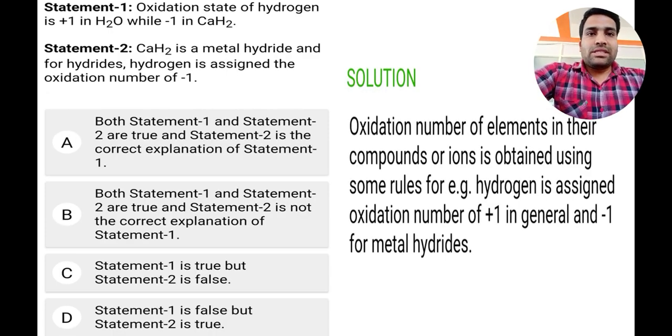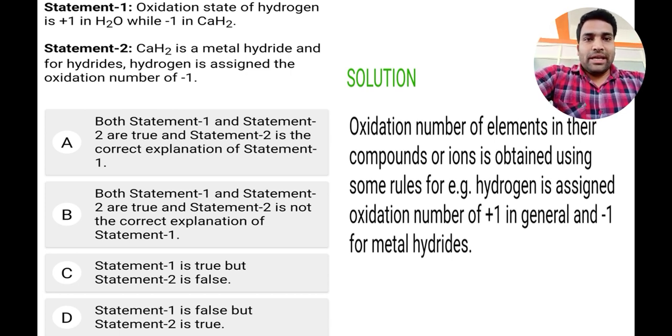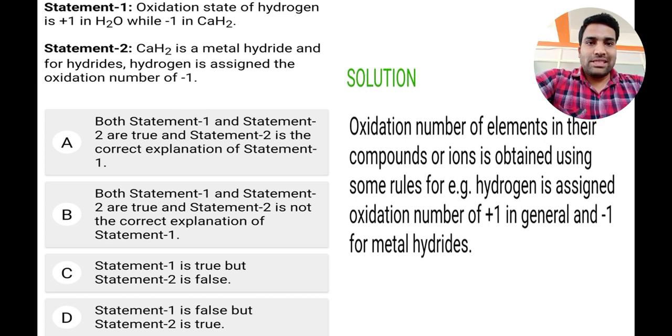Next, statement 1: the oxidation state of hydrogen is +1 in H2O while -1 in CaH2. Statement 2: CaH2 is a metal hydride, and for hydrides, hydrogen is assigned the oxidation number of -1. To judge the answer for this question, we must know the oxidation state concept.